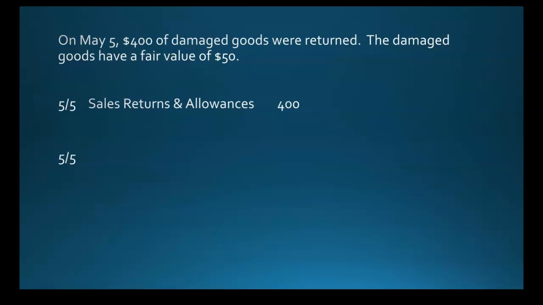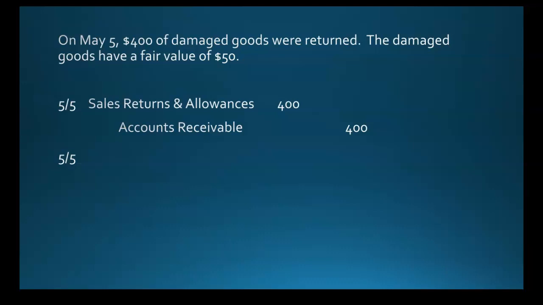So we'll debit that account for the $400 worth of goods that were returned. And we credit accounts receivable to show that our customer doesn't owe us that $400 anymore.